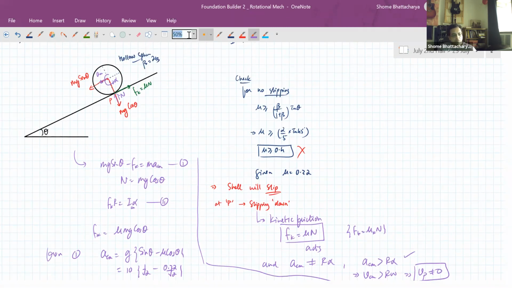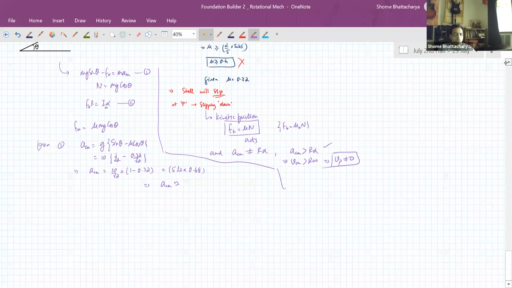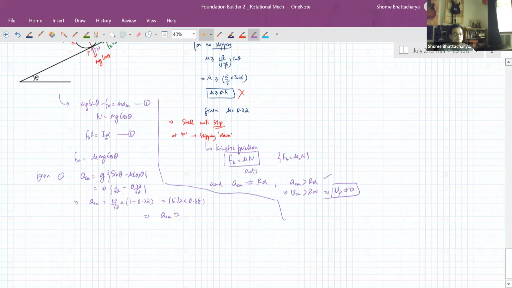If you haven't worked this part out till this point, just work it out here. Then we'll come to the calculation of alpha also.